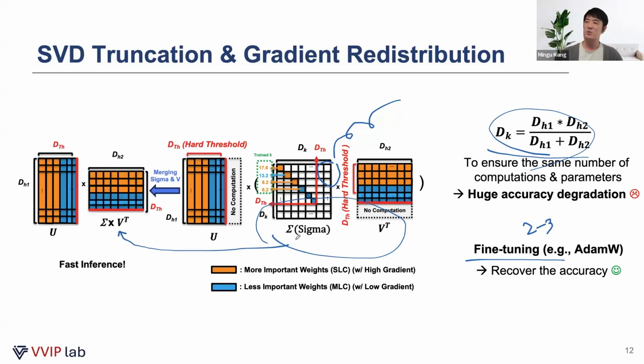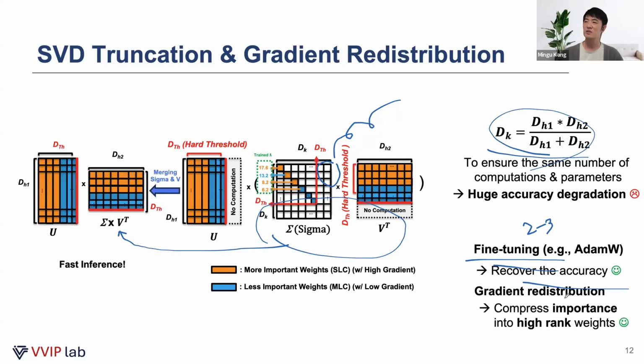But actually during this process, this fine-tuning has another very important role on top of the recovery of accuracy, which is gradient redistribution. Let us think: you lost information because of the truncation.